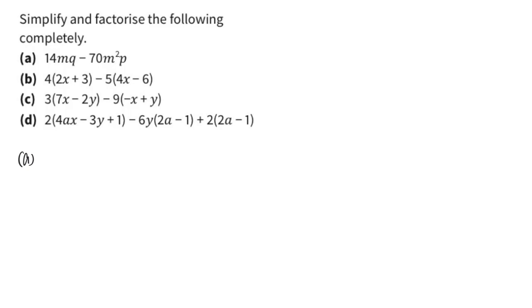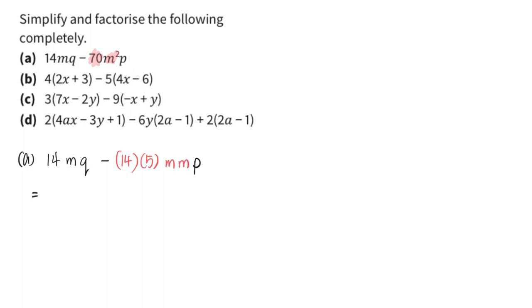Hello everyone, welcome to this problem where we will need to simplify and then factorize the following completely. So for the first question, I am going to do a few things. First, the 70, I will rewrite it as 14 times 5. The m square, I'll rewrite it as m times m.